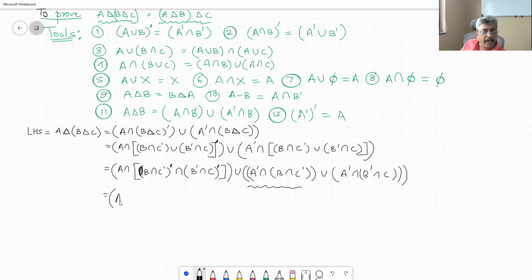So A intersection rectangular bracket, when complement comes inside, it becomes B complement union C complement. When that complement comes inside, it will be B union C complement.